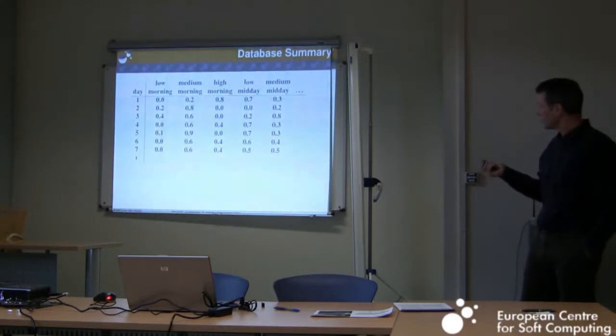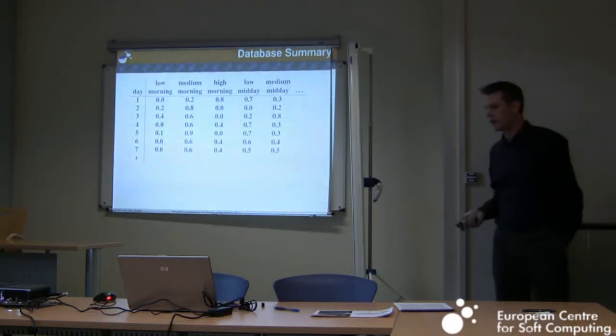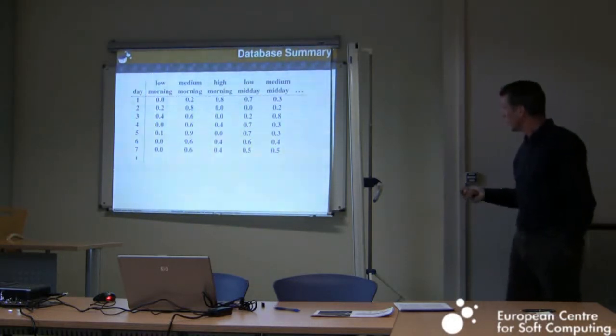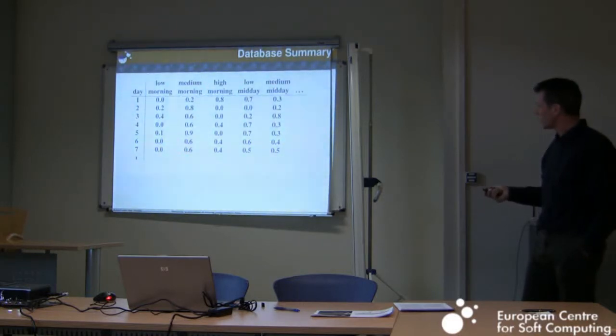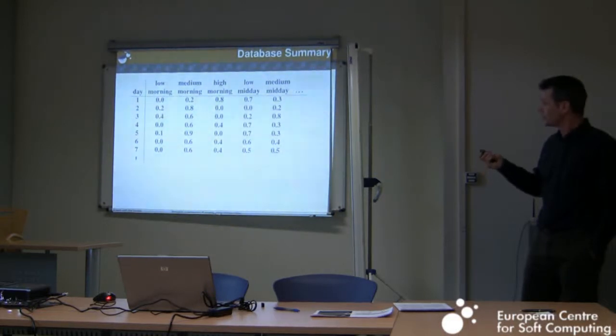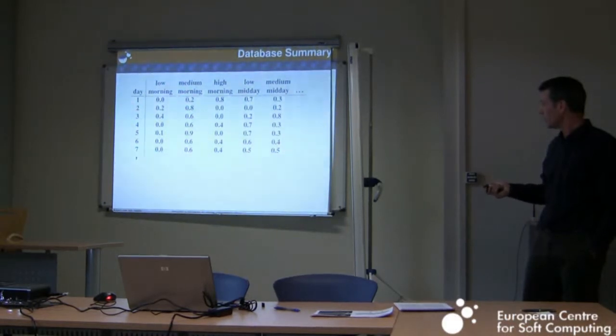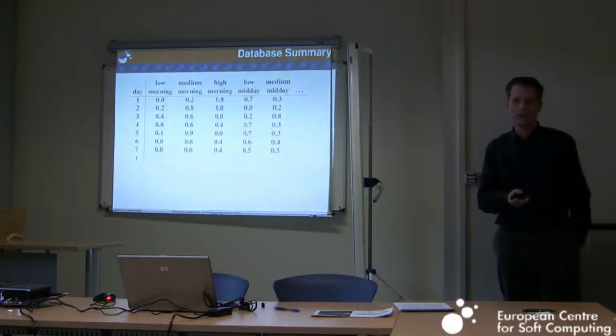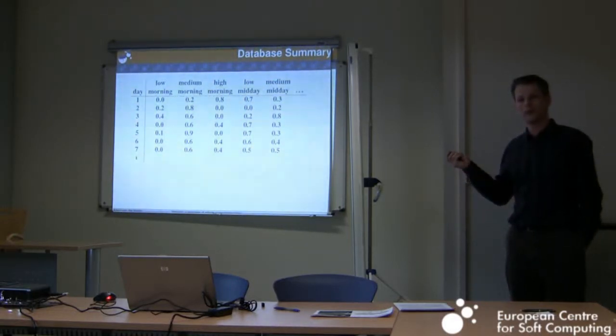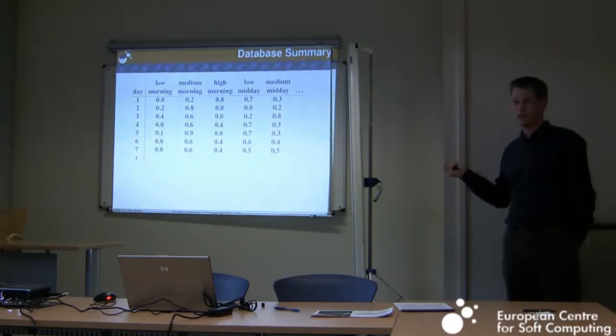So on day 2 it is 0.8 true that the day has a medium consumption in the morning. If you want to know how true this sentence is in this database, you can take the average of all these values, and then you get a value which indicates the truthfulness of this sentence in this database.